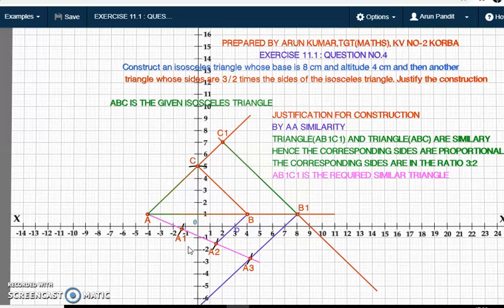So by AAA similarity criteria, both triangles are similar, because we have to write this in the justification part. So corresponding sides of the triangles are in the same ratio.